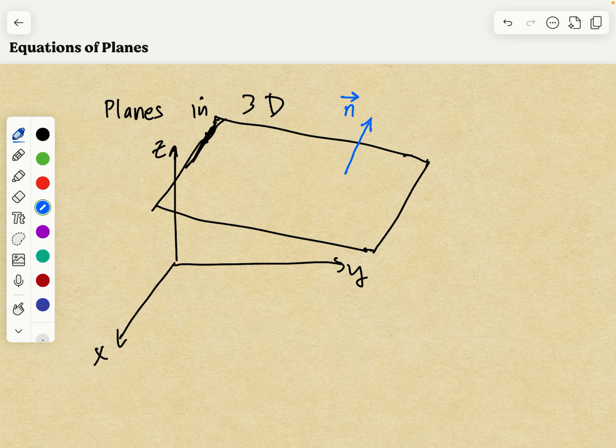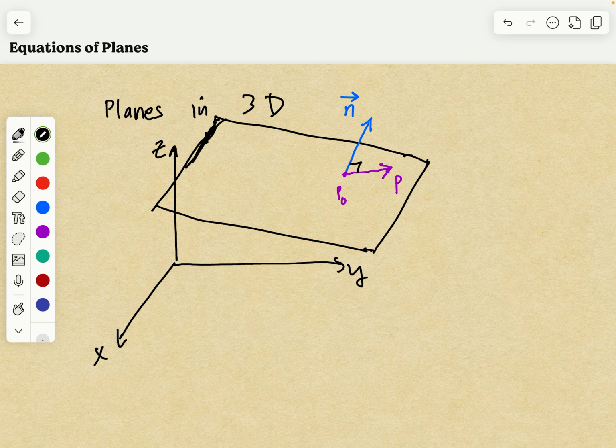Perpendicular to the plane means that when you have 2 points on the plane, let's call this point P0, and let's call that point P, and you take the difference, P minus P0, you get a 90-degree angle with the vector n.